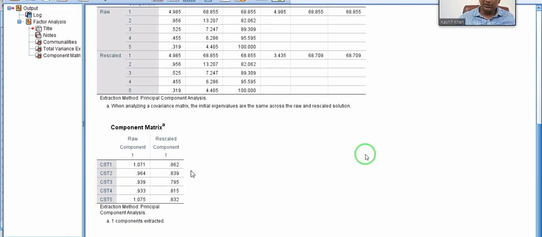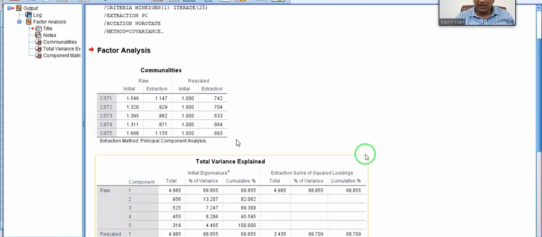All these values are fine. The newer way they say in Smart PLS, we say no, it has to be 0.708 and above. However, for regression, if you're running the older way, people used to do 0.50 and 0.60. Really up to you which school of thought you want to follow. For me, if I'm doing the regression, any value above 0.50 is fine. I don't need to worry further about it.